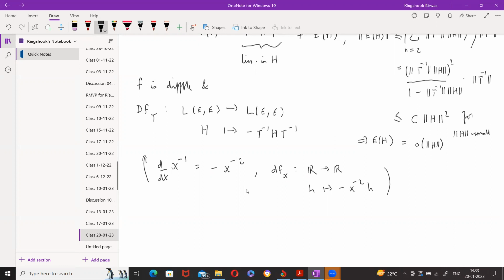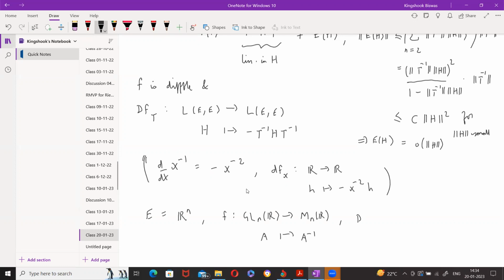And notice that even when E is equal to Rn, so that F goes from GLn(R) into Mn(R). So L of E is just Mn(R). A goes to A inverse, right?